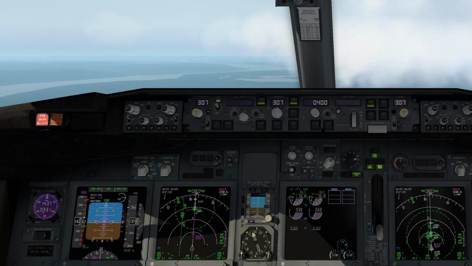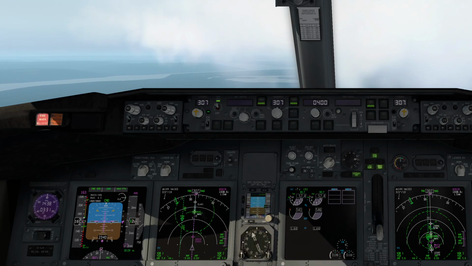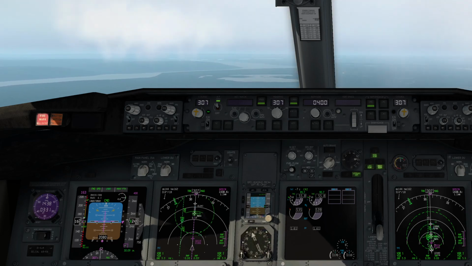No sign of the runway yet. 2,500. Continuing the descent. Minus 7 degrees. 163 knots. And we have the runway in sight.